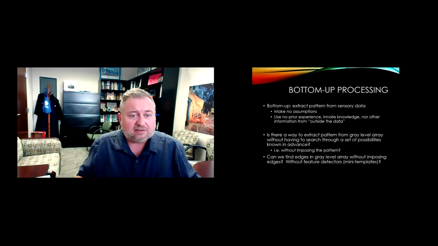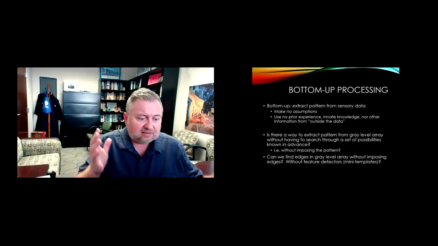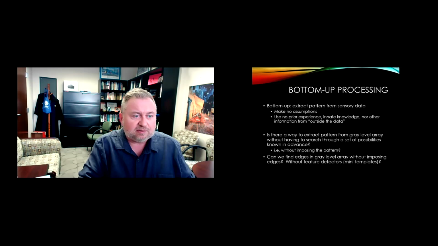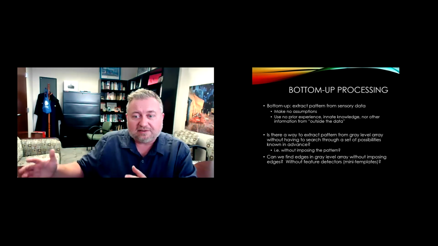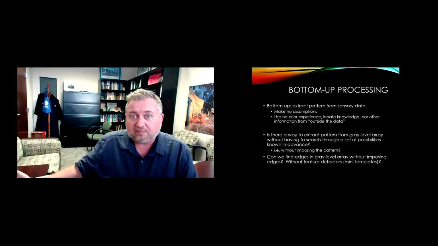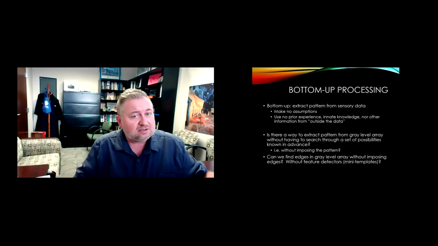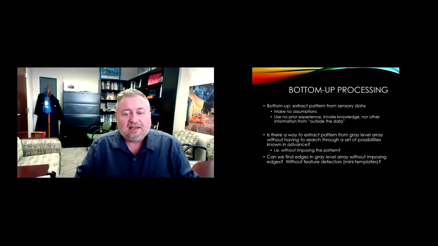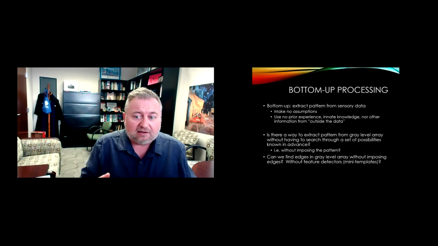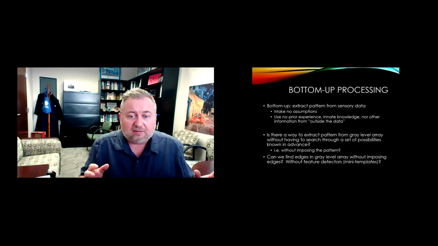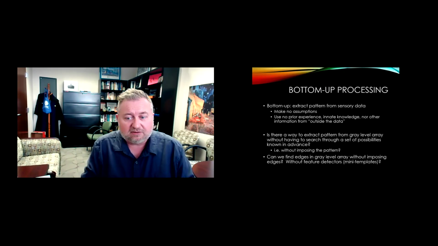Each one of these labels would be: here's a set of gray level arrays that corresponds to dogs, here's a set that corresponds to cats, here's another set that corresponds to coffee mugs, and another set that corresponds to trees.